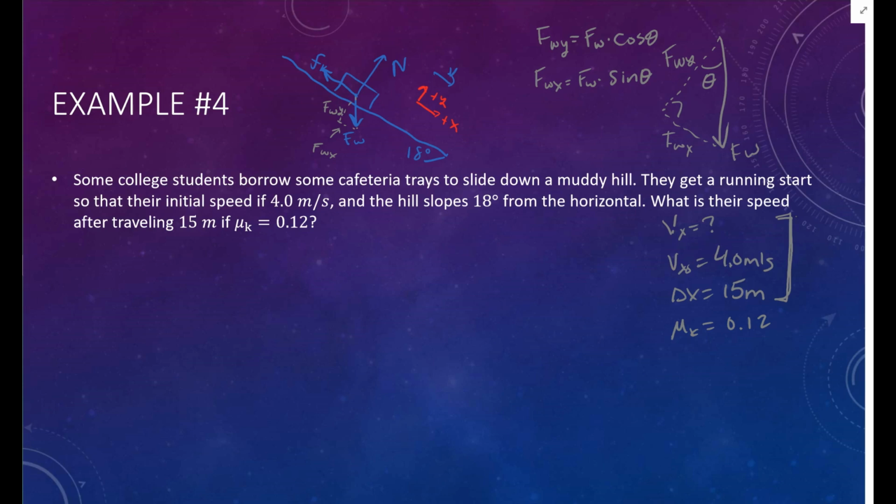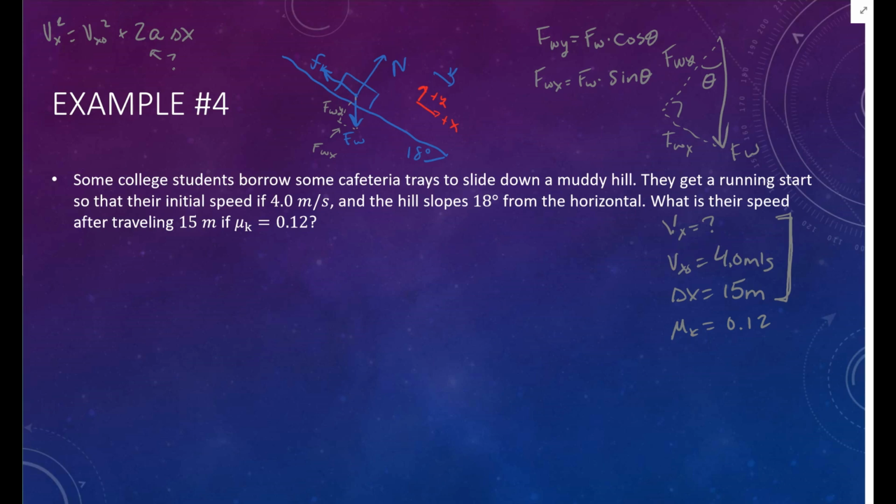Acceleration. We're missing acceleration, right? Because that would rely on the equation we just used, that Vx squared is equal to Vx naught squared plus 2a delta x. We're missing a in order to solve for Vx. So we are going to use our forces to find that acceleration.